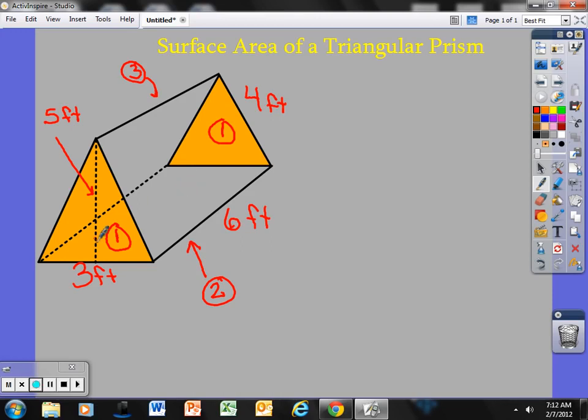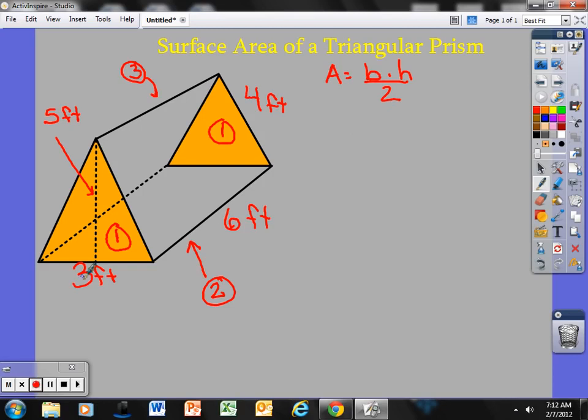So let's do the area of the triangle first. I know the formula for area of a triangle is area equals base times height divided by 2, or you can also use 1/2 base times height, whatever you like to use. Now I'm going to change colors here.